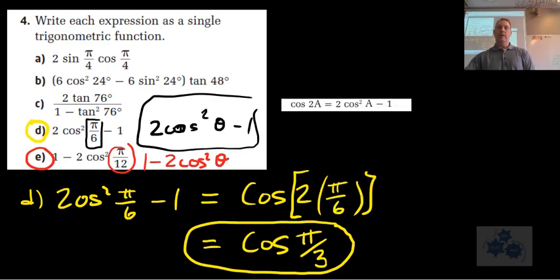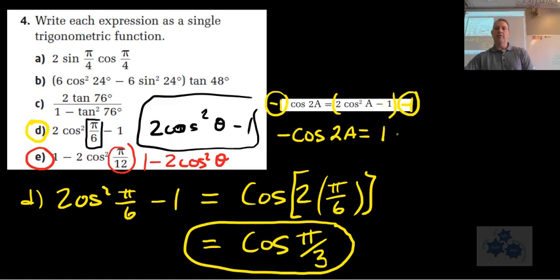If I want something pretty close, I probably could take a negative 1 out of there, and then I'd have to take a negative 1 out of the other side too. So cos of 2a equals, with a negative 1 there, the negative 1 becomes positive, and this positive becomes negative.